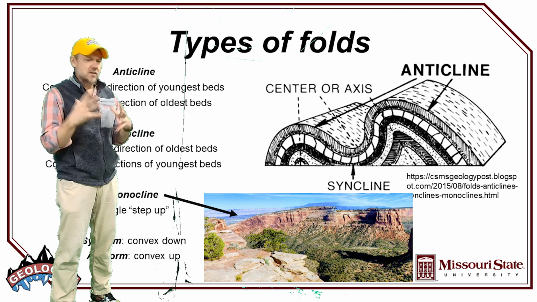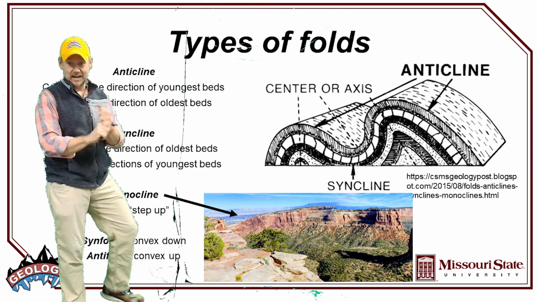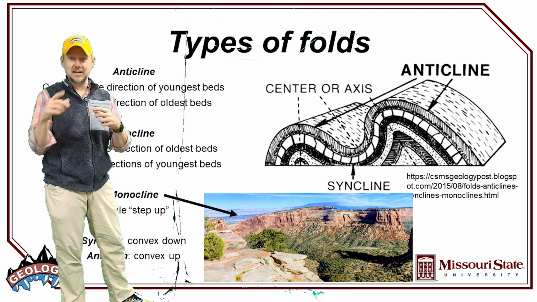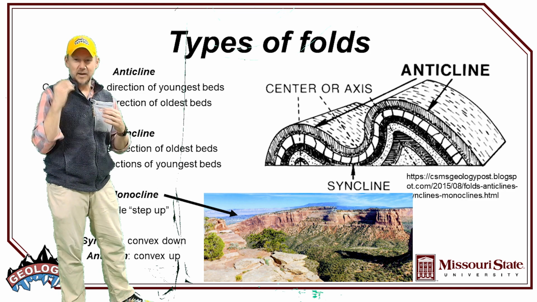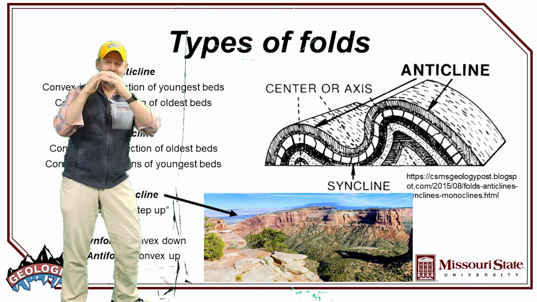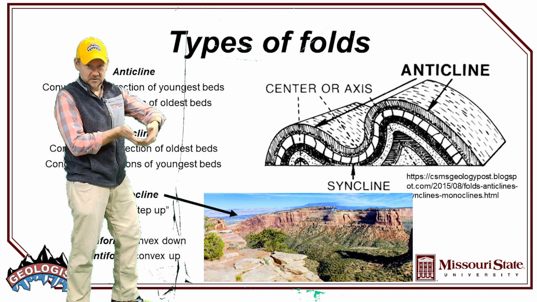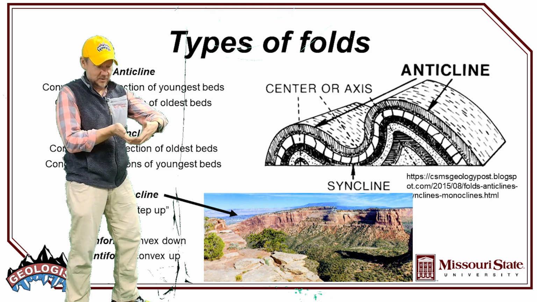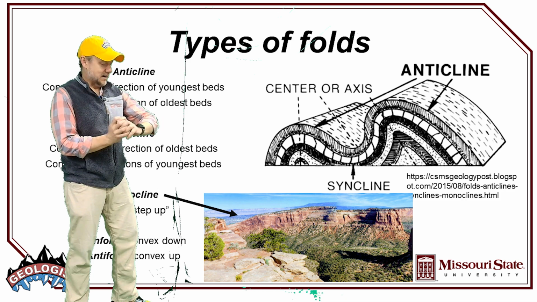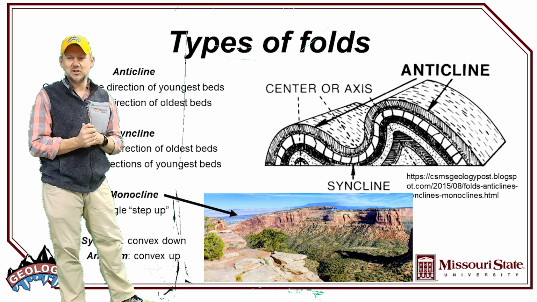But those are our four or five, I guess, major types of folds. Antiforms, and if we know the ages, anticlines. We have to know the ages. If we don't know the ages and it's just shaped like this, it would be called an antiform. Synforms this way. If we know the ages and everything is upright, that would be a syncline. And then we have our monocline, and those are our major types of folds.